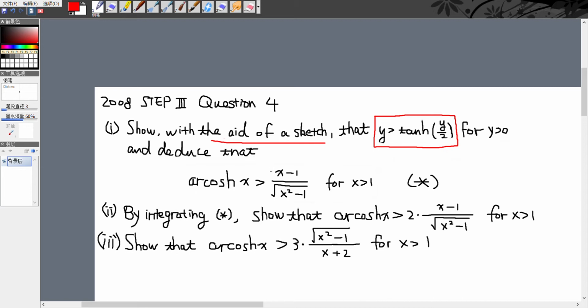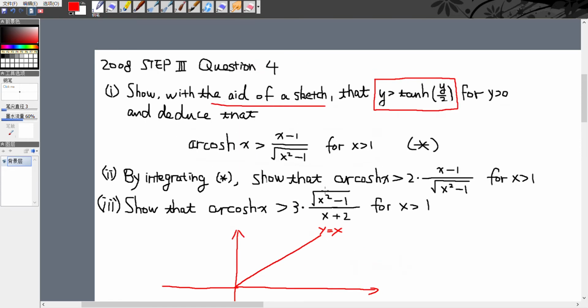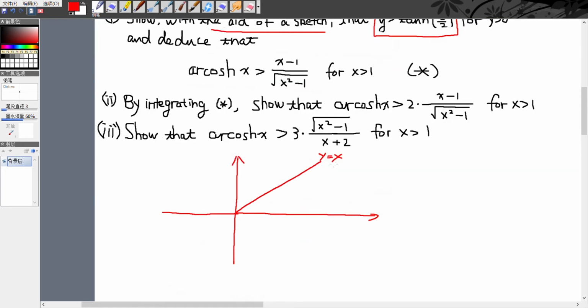I think this question is not very difficult, because by noticing that for y bigger than 0, this is your y equals x. And if you draw the graph of tanh x over 2, you will end up with a graph like that.